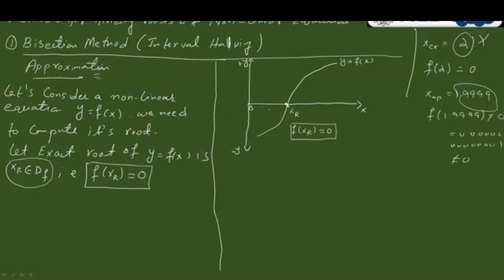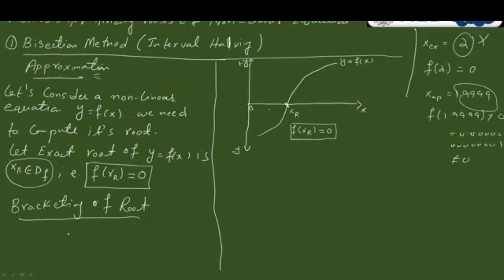The strategy is quite simple. What you have to do is something called bracketing of a root. Again, we are discussing it with respect to one root, but the same concept could hold for any other.